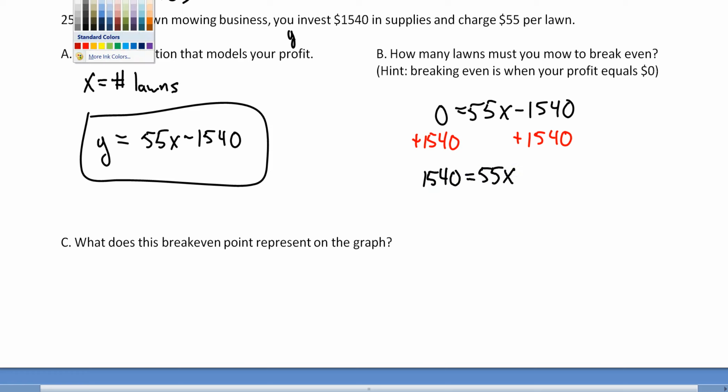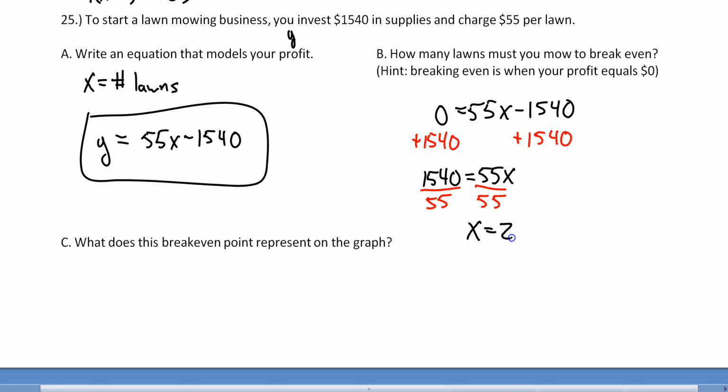And now I divide by the 55. And that gives me 28. So it's saying I have to mow 28 lawns in order to break even.